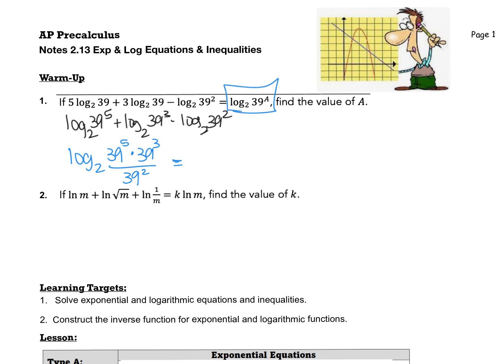So 39 to the 5th times 39 to the 3rd is really 39 to what power? 8th over 39 to the 2nd. And then 39 to the 8th over 39 to the 2nd is really 39 to the 6th. So A is equal to 6.